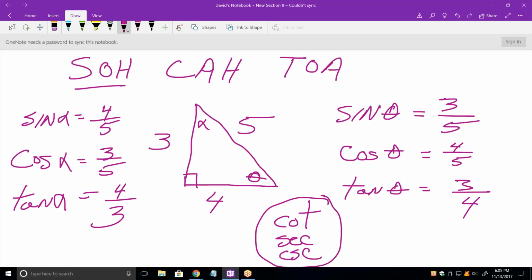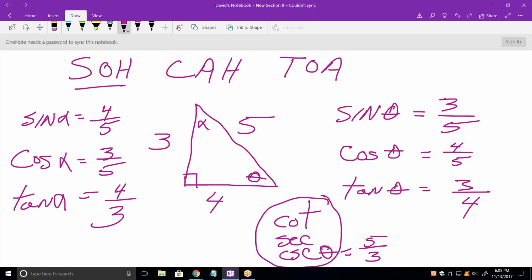The reason they don't put them on your calculator is because the cotangent is the reciprocal of tangent, the secant is the reciprocal of cosine, and the cosecant is the reciprocal of sine. So if I said, what was the cosecant of theta, I just take the sine and reciprocate that, and that's your answer.